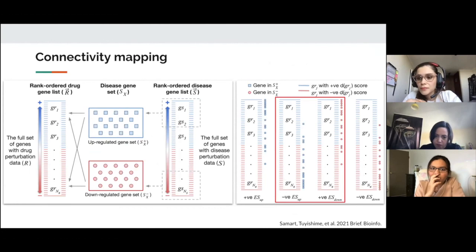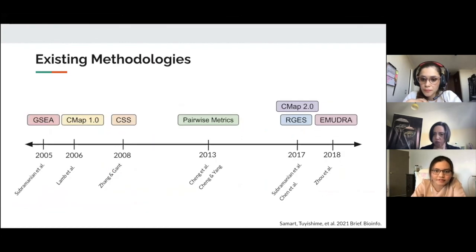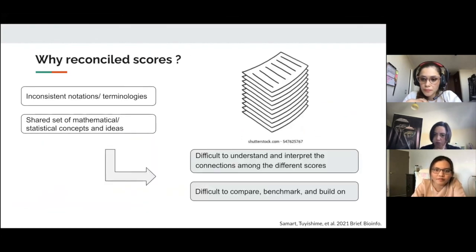So I think the common language that we need to follow in order to get a unified scheme in the future is the notation for disease genes and drug genes, the number of genes in drug profiles, the number of genes in disease profiles, and also, let me see, the general notation would be more helpful.